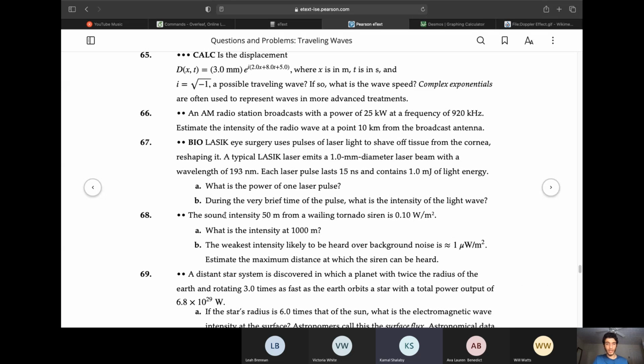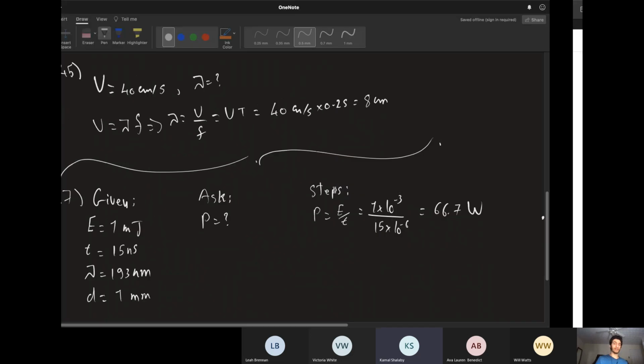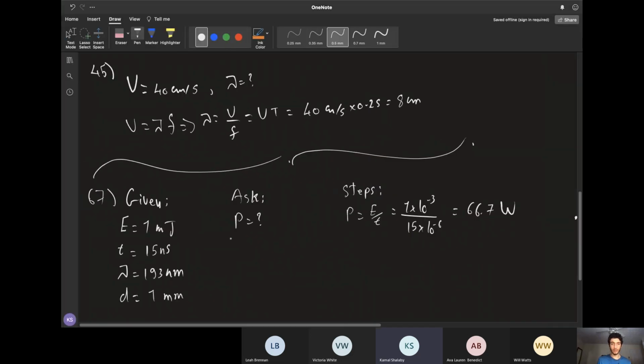Okay. So during the brief time of the pulse, what is the intensity of the light? So then it asks for the intensity. What is the intensity equal to? P over A, someone said. Yes, indeed.